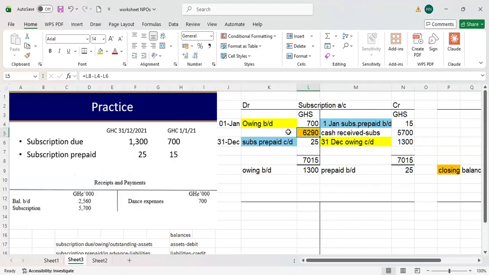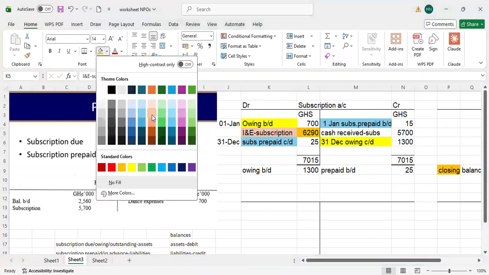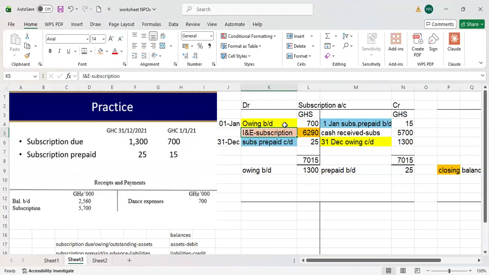So you notice that this is our income and expenditure. So this is the subscription for the period. After we've taken note of those who have paid in advance, those who have paid cash, those who are owing leftover, every detail, we've done all of it.